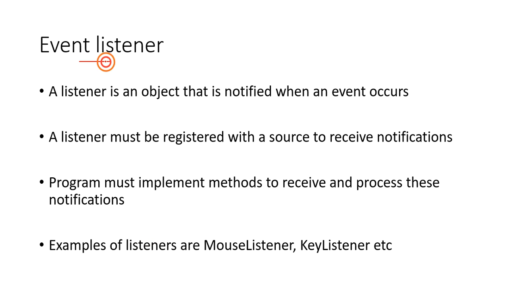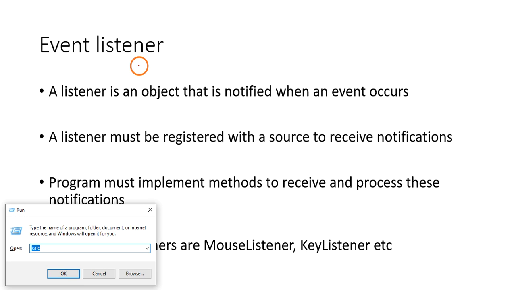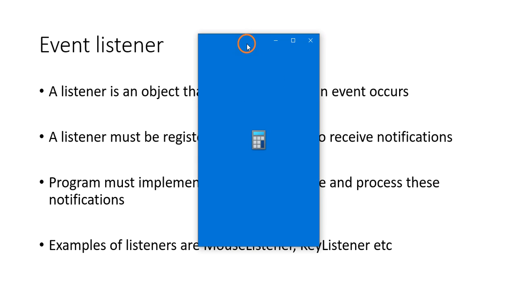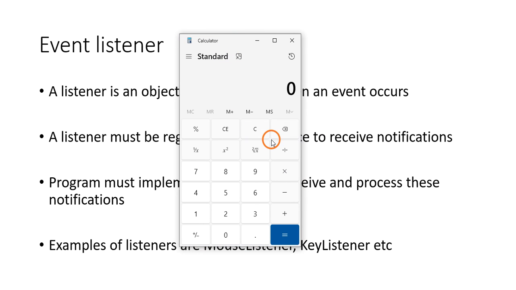Next there is something called event listener. To talk about this event listener, let me show you an example of GUI application. Go to run prompt and type calculator. So here is the calculator. These are all GUI controls.